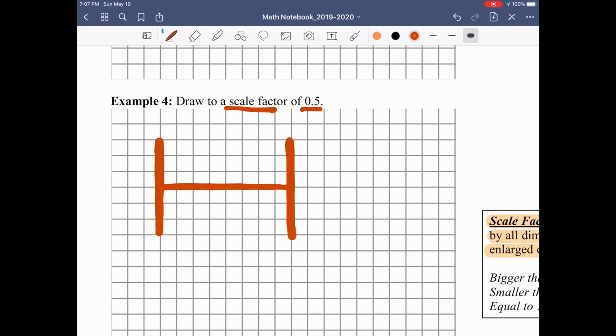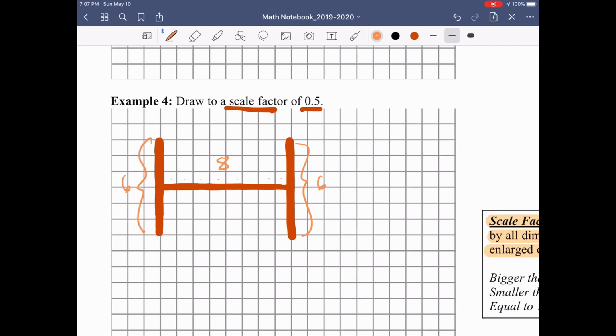So let's say this is a huge number line, okay? And I want to draw it to a scale factor of 0.5. Well, let's take a look at all our dimensions here. So this is 1, 2, 3, 4, 5, 6, 7, 8. So this is 8 units, and this part is 6 units, and this part is 6 units.